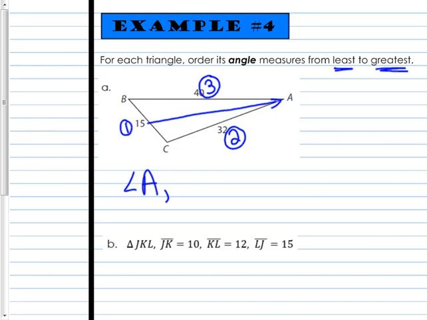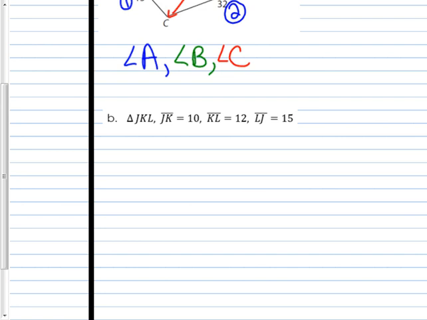And the angle across from CA is angle B. Okay? And then my longest side is BA, and the angle across from that one is angle C. So even though I don't know how much angle A, angle B, and angle C are, I know that angle A is the smallest, angle B is the middle, and angle C is the largest. See if you can do example B on your own.